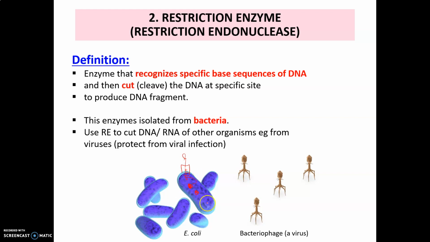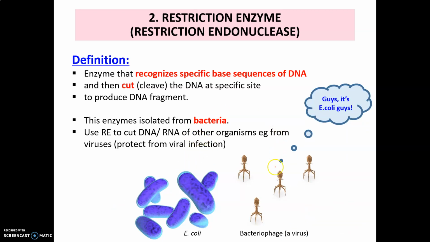Means that bakteria ni akan hidup lah, walaupun adanya infection of the virus, tetapi dia tidak akan lead to the replication of the virus inside, hence this bacteria akan survive. But then scientists take this enzyme, and then kita akan gunakan dia dalam genetic engineering. Konsep dia sama, dia akan cut DNA at the specific site lah. Okay, then scientists isolate these enzymes and use it for genetic engineering.